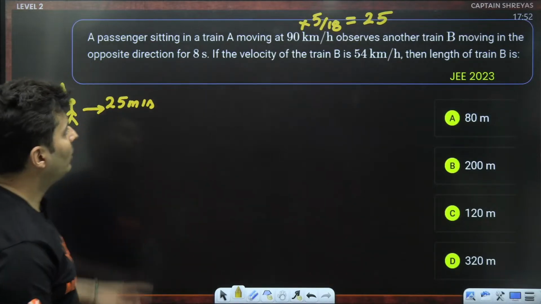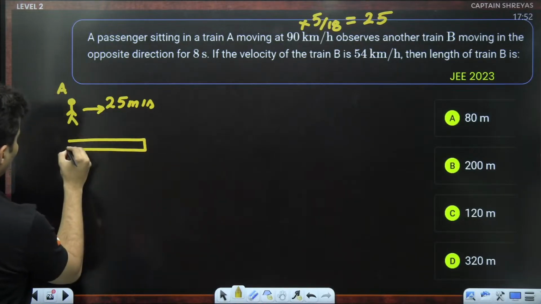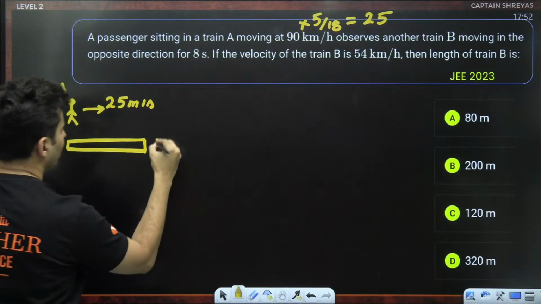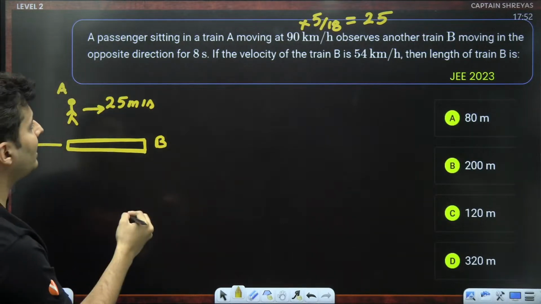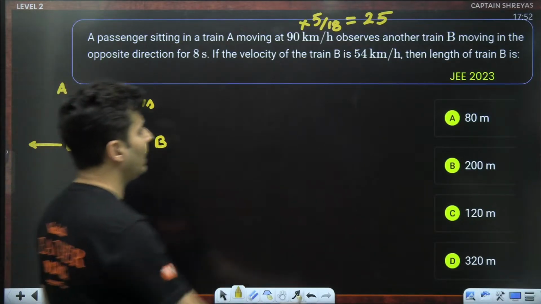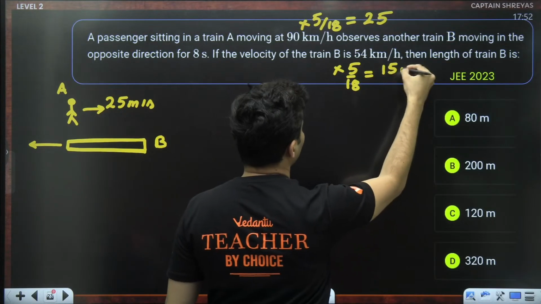What about train B moving in the opposite direction for 8 seconds? This is train B, and its speed is 54 kilometers per hour. Multiplied by 5 by 18, that is 15 meters per second.